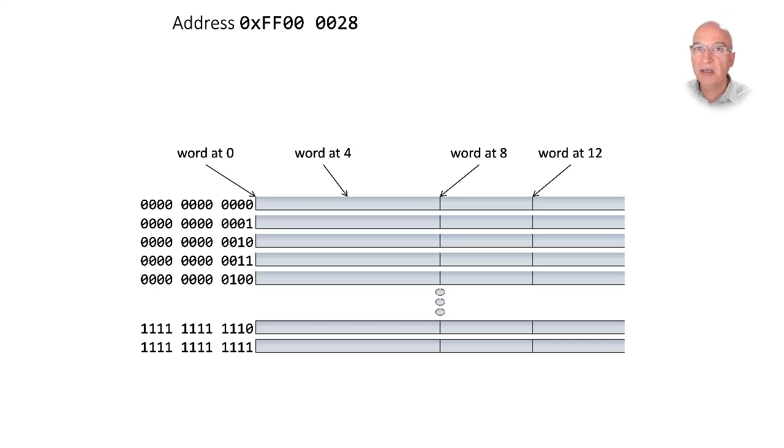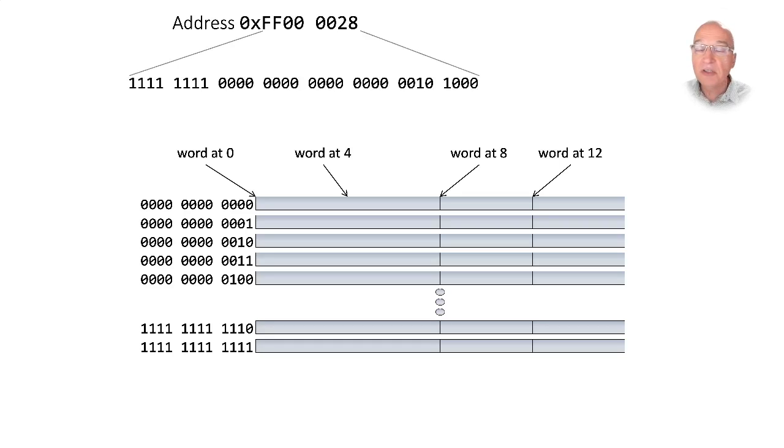So the processor is saying, I would like, for example, to load the word from this address. How do I find that word in the cache? What I'm going to do, I will take the 32 bits of that address, and I will divide those 32 bits in 3 separate parts. I'm going to reserve on the right-hand side, in the least significant bits, the offset. Those were 4 bits.